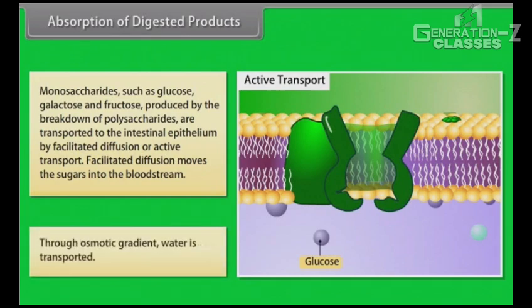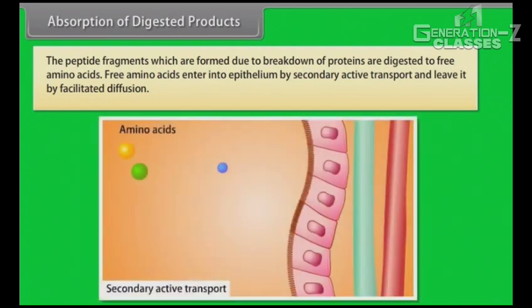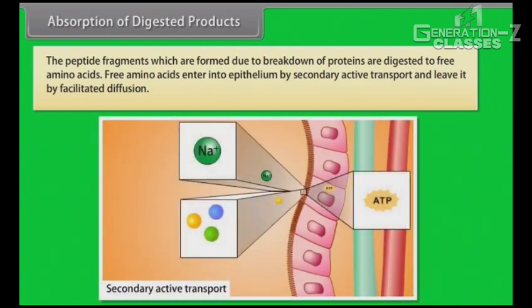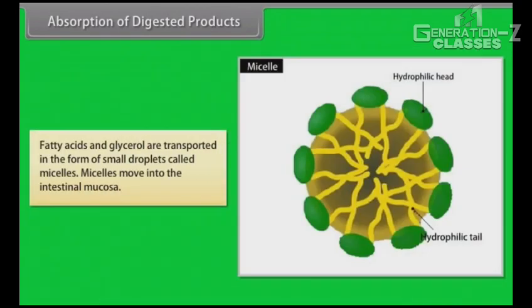water is transported. The peptide fragments formed due to the breakdown of proteins are digested to free amino acids. Free amino acids enter the epithelium by secondary active transport and leave it by facilitated diffusion. Fatty acids and glycerol are transported in the form of small droplets called micelles.